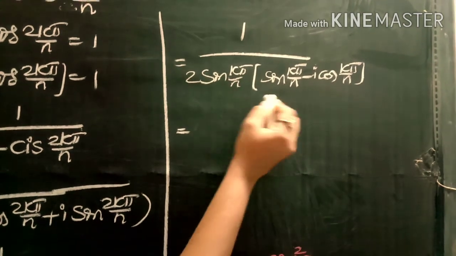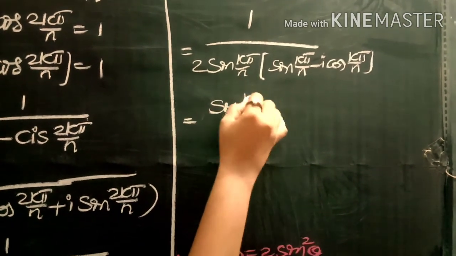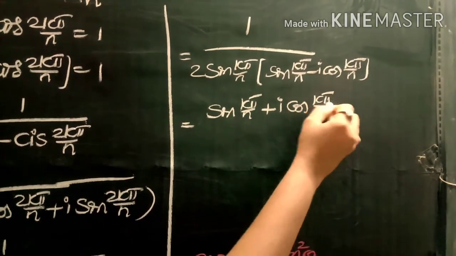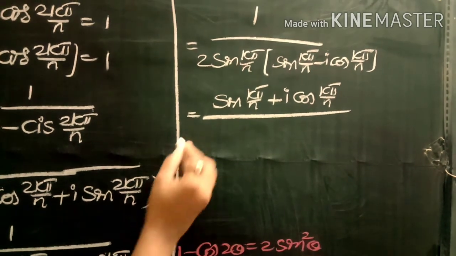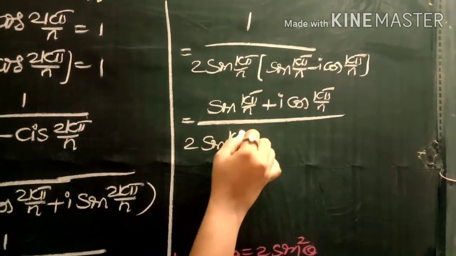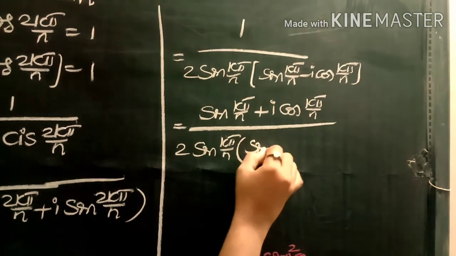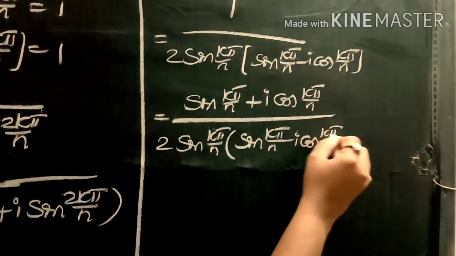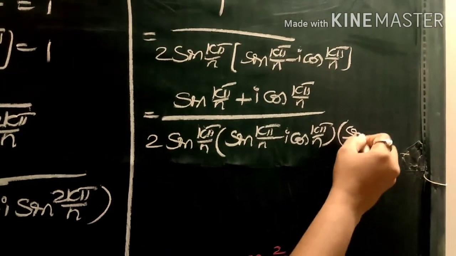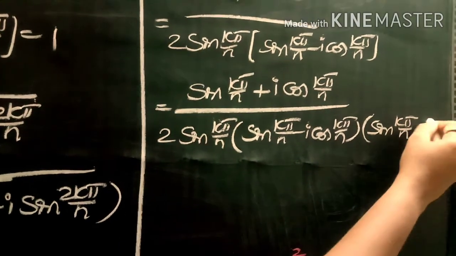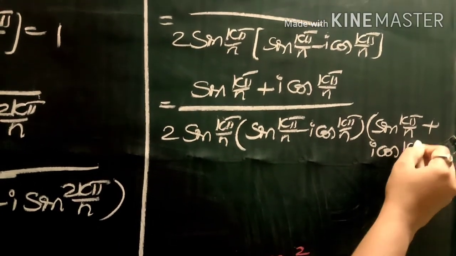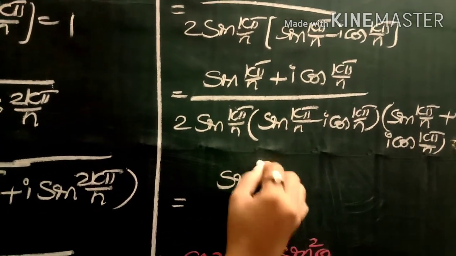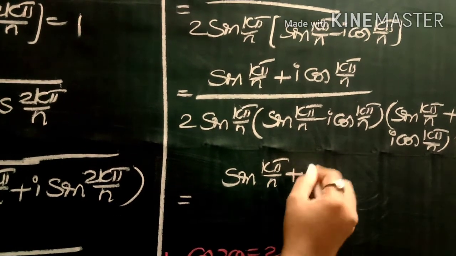So we rationalize the denominator by the term sin k pi by n plus i cos k pi by n, that is sin k pi by n plus i cos k pi by n whole by 2 sin k pi by n into the denominator term, sin k pi by n minus i cos k pi by n into sin k pi by n plus i cos k pi by n, and this equals sin k pi by n plus i cos k pi by n.